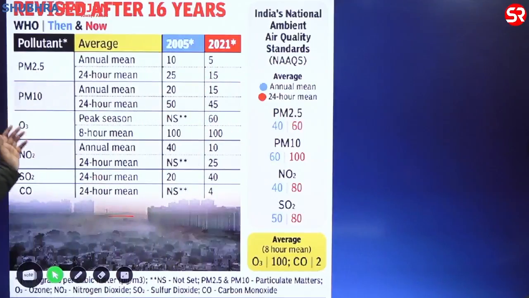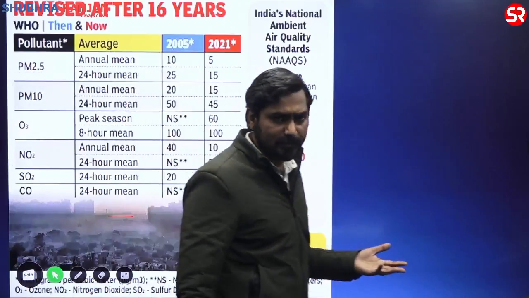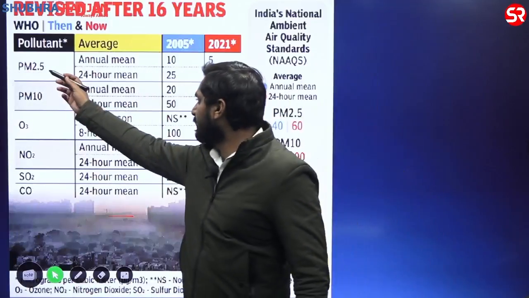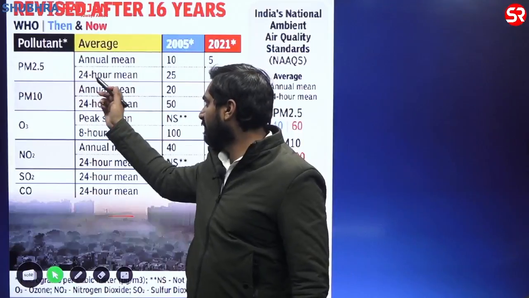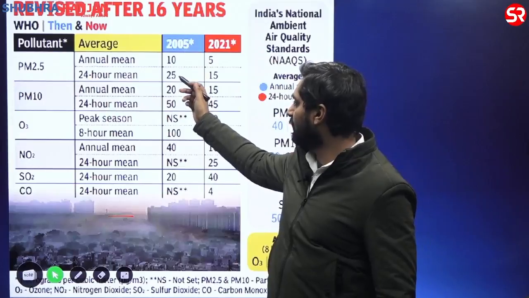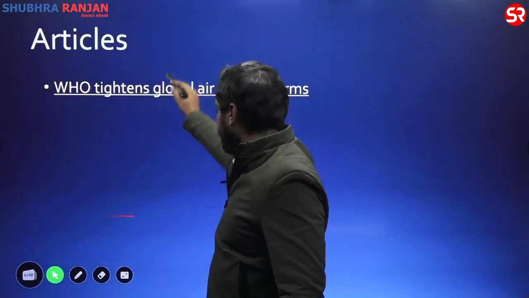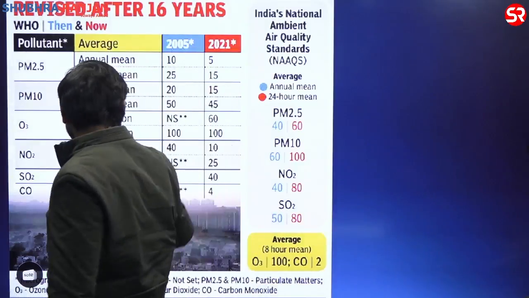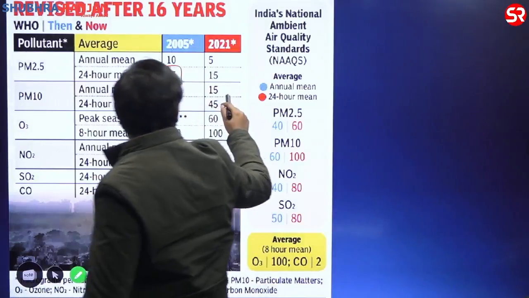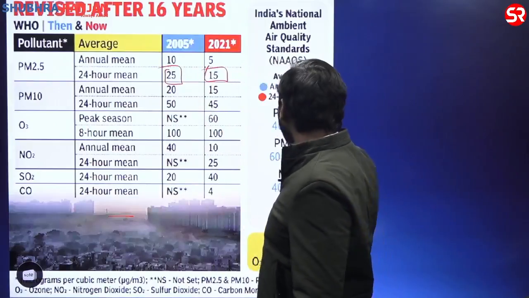So in this table, you could see that it is kind of a complex matrix. What it says here is PM 2.5, 24-hour mean. The 2005 standard was that it shouldn't cross 25 micrograms per meter cube of air, and they have reduced it to 15 micrograms.